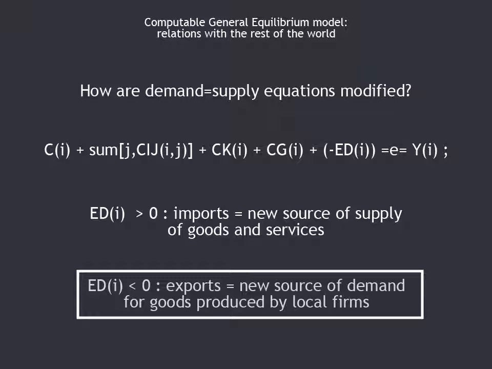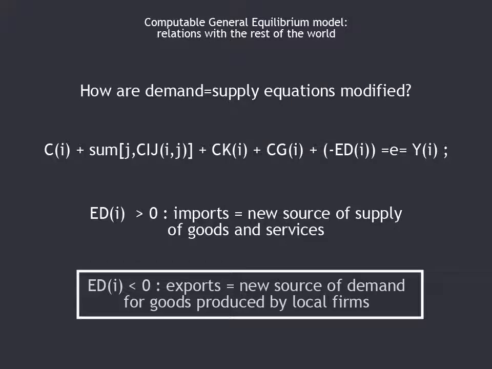And on the left side, you've got 5 types of demand, either by household, by public administrations, 2 demands by firms, intermediate or capital, and then by foreign agent.